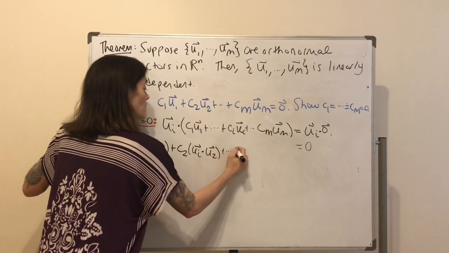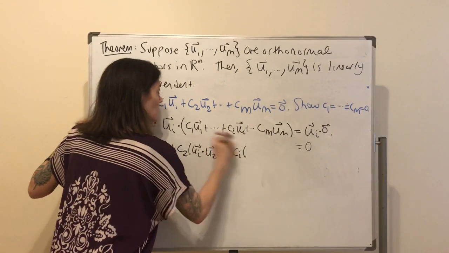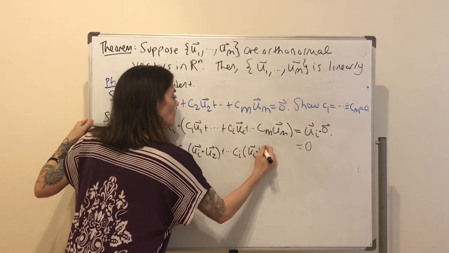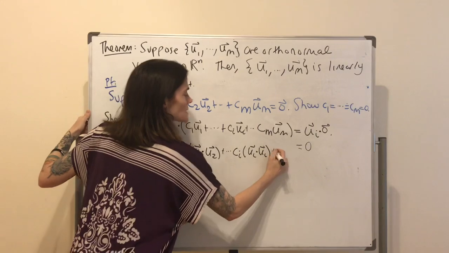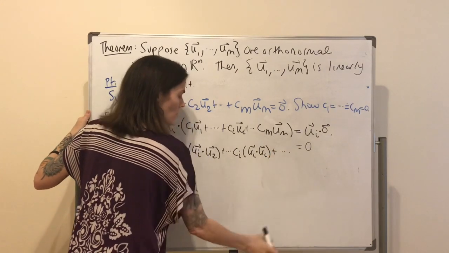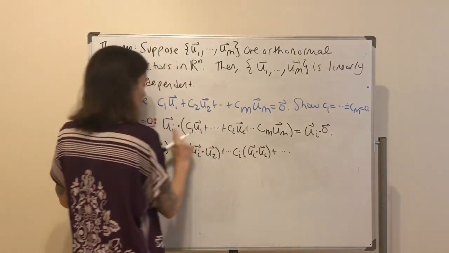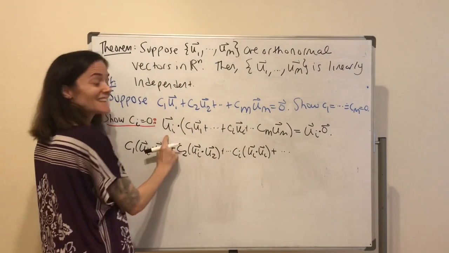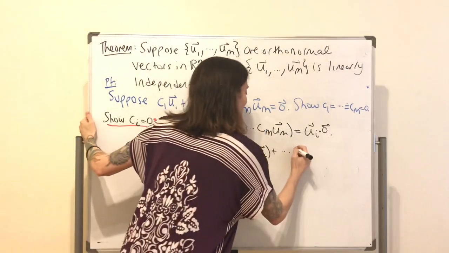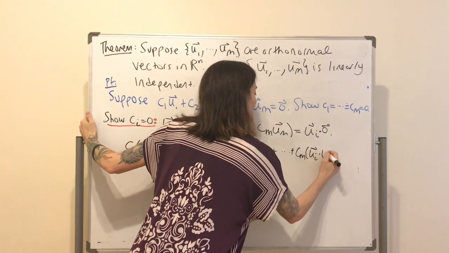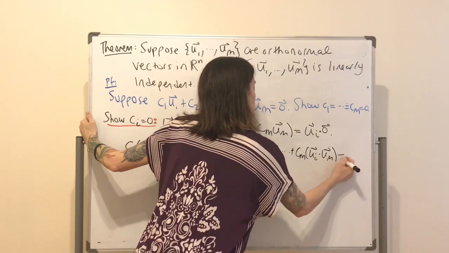Somewhere in here we have a ci ui dot ui. And then the very last one is cm ui dot um, and this was 0.